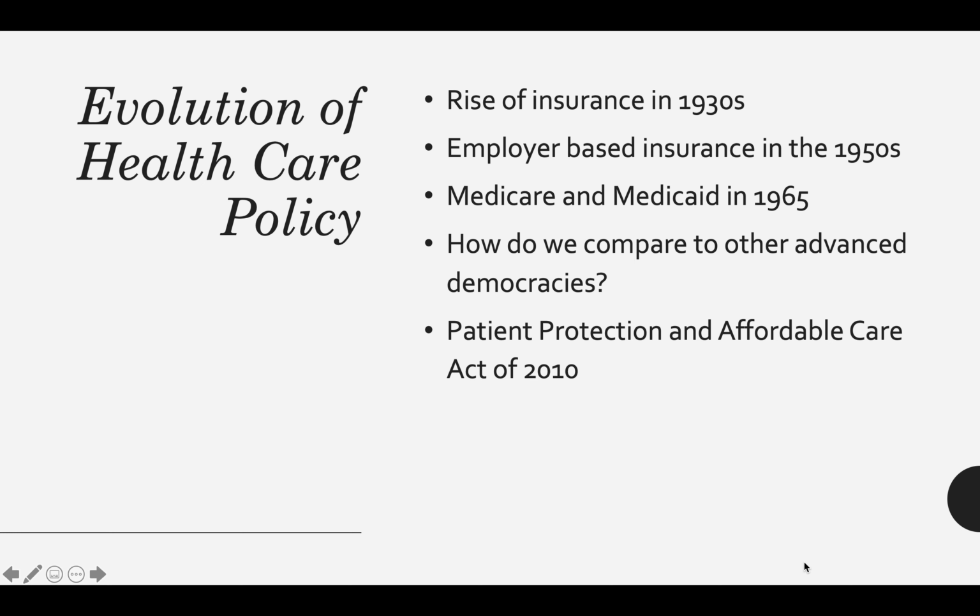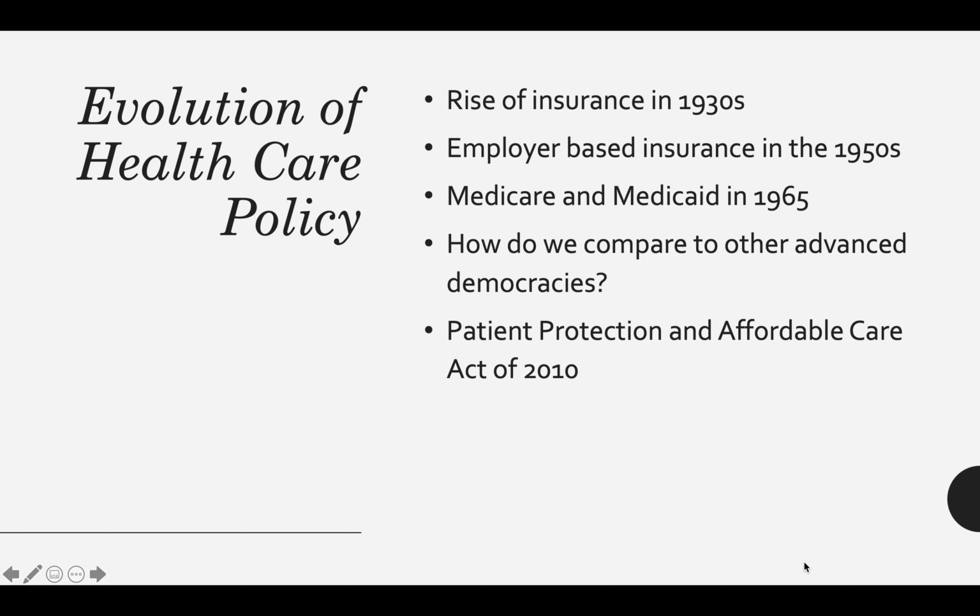Employer-based health insurance became popular in the 1950s when the IRS ruled that its cost was tax deductible for business expenses. So when the IRS allowed businesses to deduct health insurance as part of their tax deductible expenses, we saw the rise of employer-based health insurance.